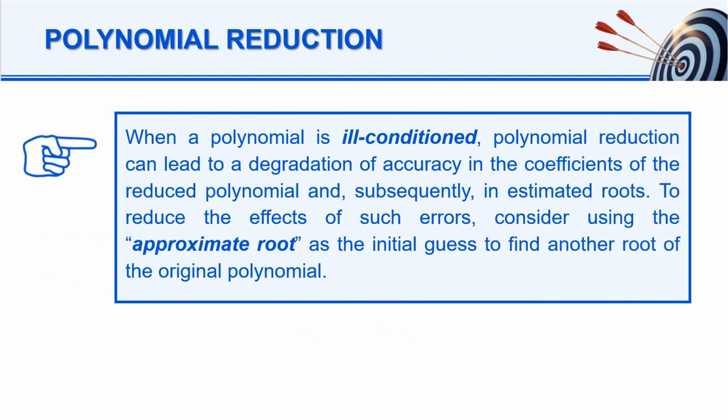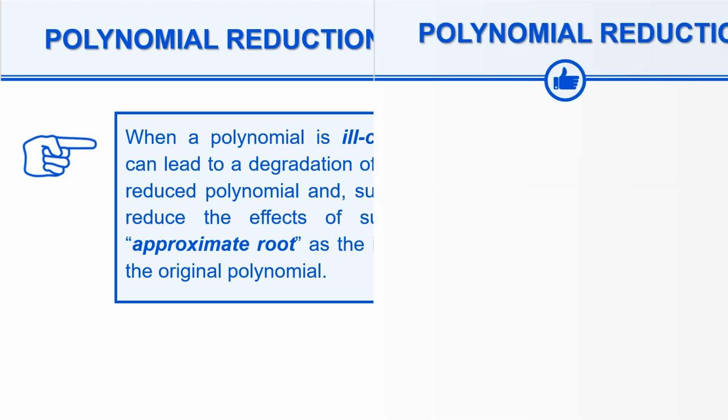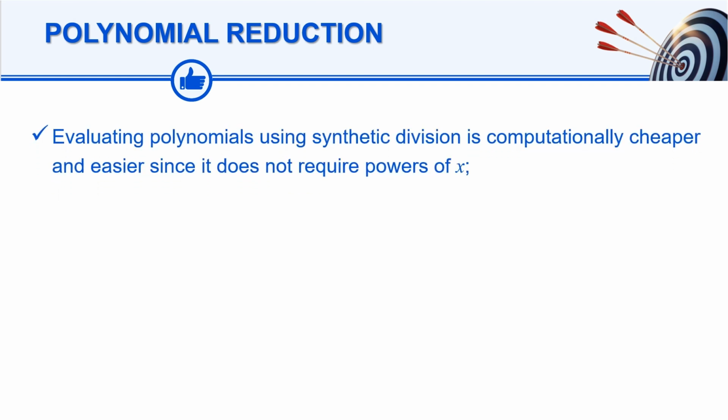To be cautious, note that when a polynomial is ill-conditioned, polynomial reduction can lead to a degradation of accuracy in the coefficients of the reduced polynomial and, subsequently, in estimated roots. To reduce the effects of such errors, consider using the approximate root as the initial guess to find another root of the original polynomial. The advantages of the method are: evaluating polynomials using synthetic division is computationally cheaper and easier since it does not require powers of x.